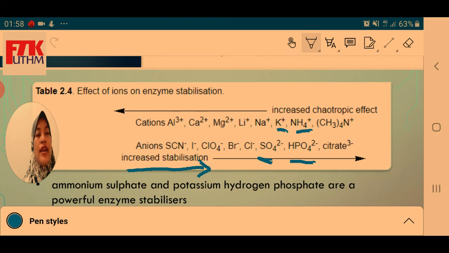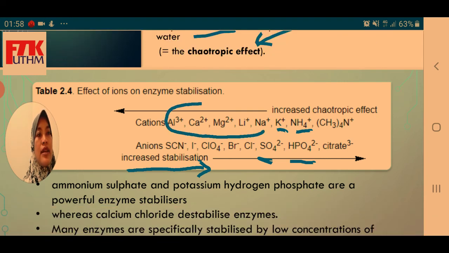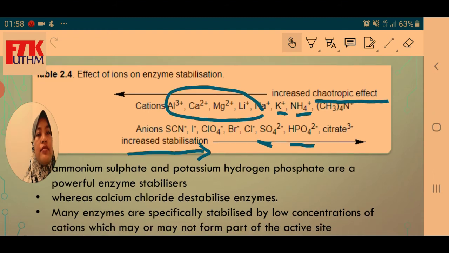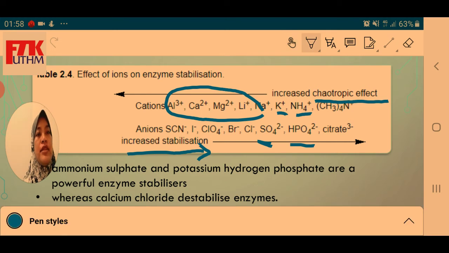These are two cations that have a stabilizing effect, as opposed to the rest of the other cations that actually increase the chaotropic effect. Okay, and another example, calcium chloride. Calcium is a cation that increases the chaotropic effect, thereby destabilizing the enzyme.